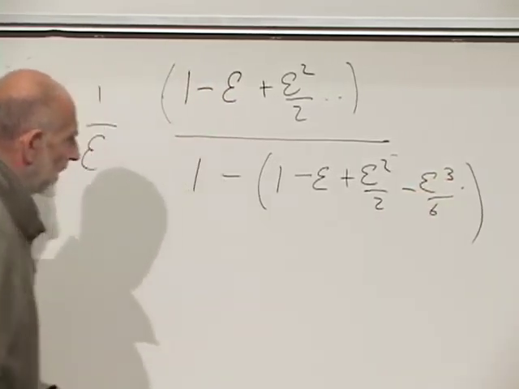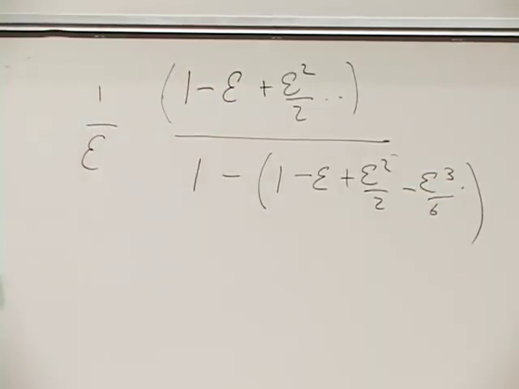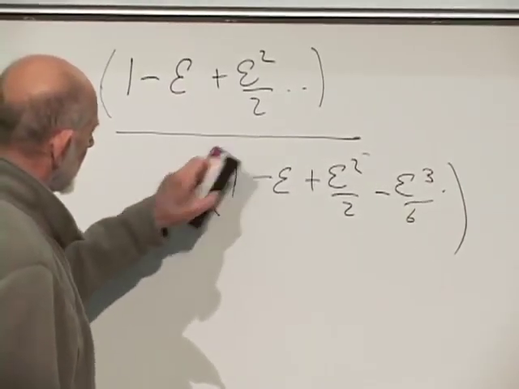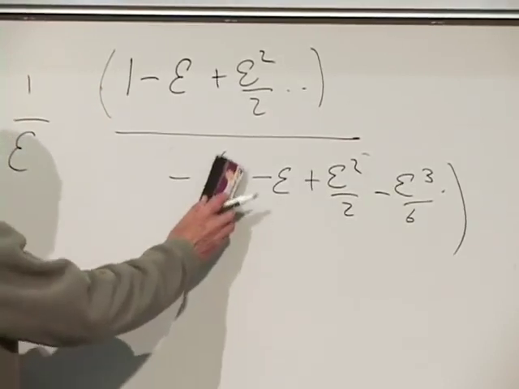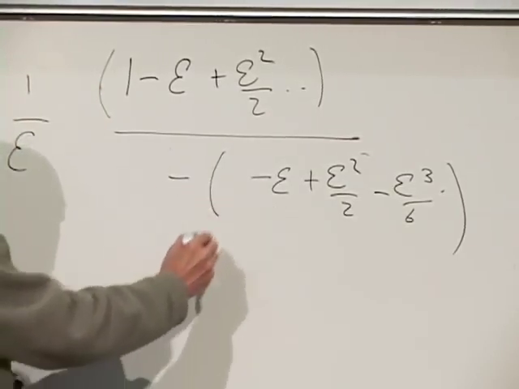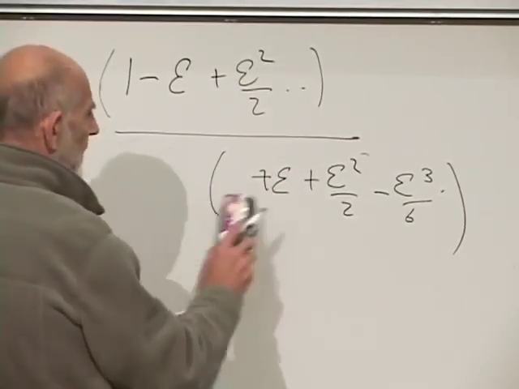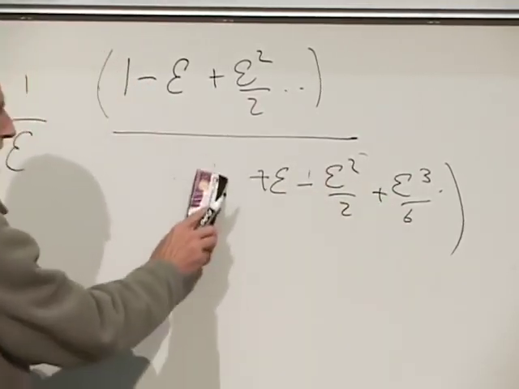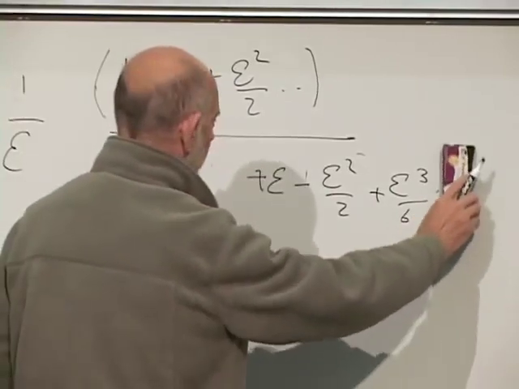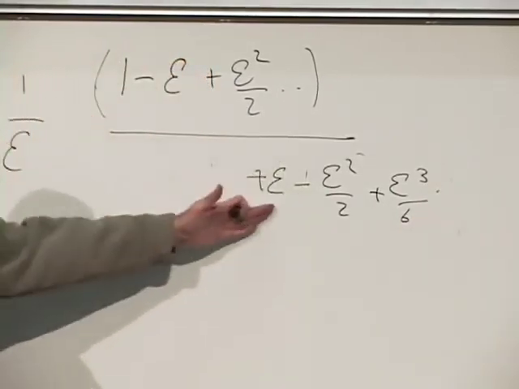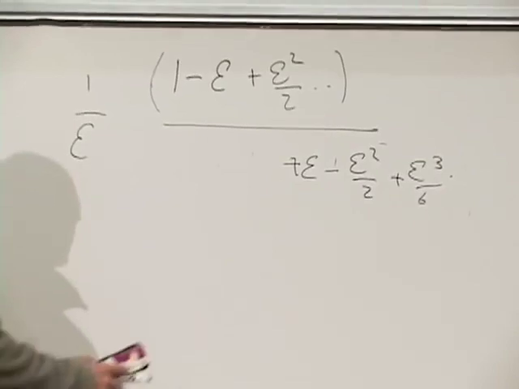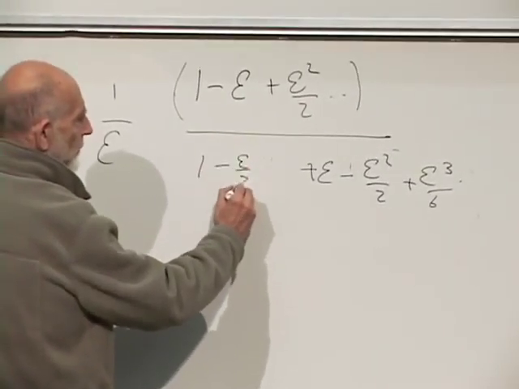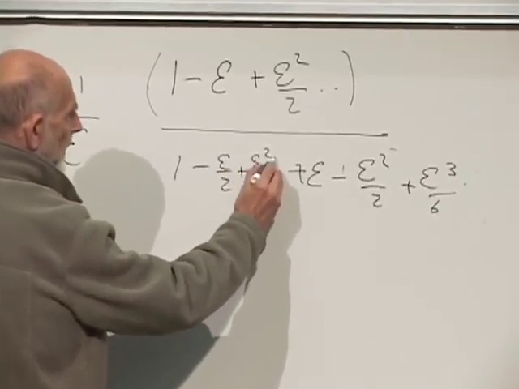All right, everybody happy with that? Now, the 1's are going to cancel. And the minus times the minus will make plus, minus, plus. Then we pull out a factor of epsilon, and that turns this into 1 minus epsilon over 2 plus epsilon squared over 6.